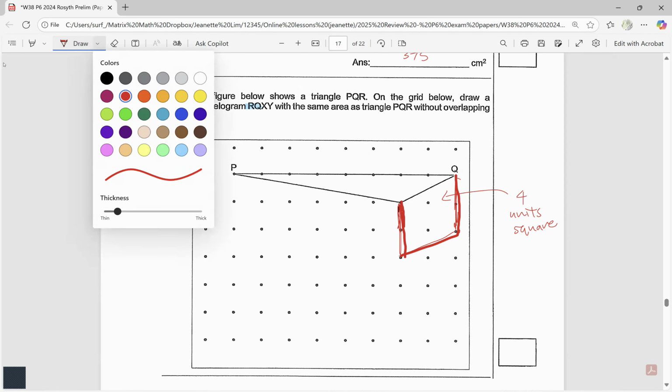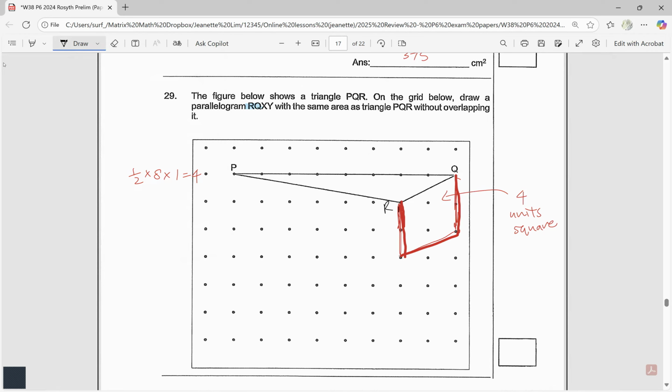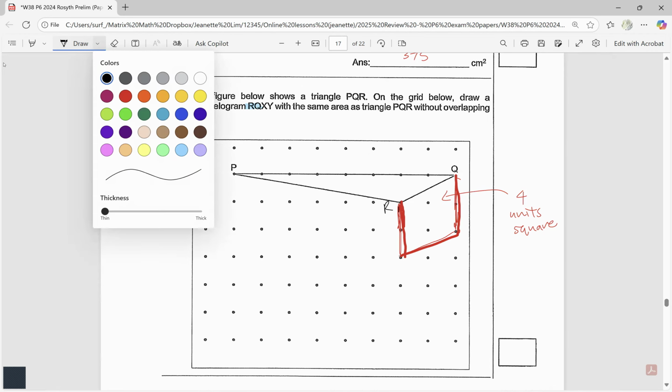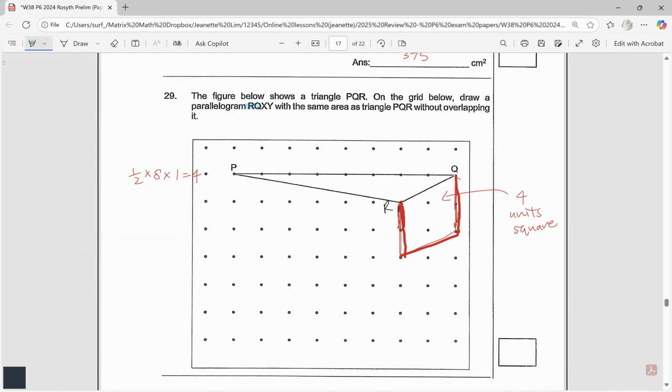This is R. This part here is 1 square. Then this part here is 2 squares. And then you have 2 more in the middle, so that's 4 squares. Okay, so this is the same as the triangle.